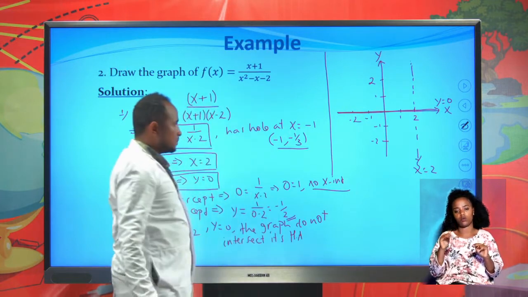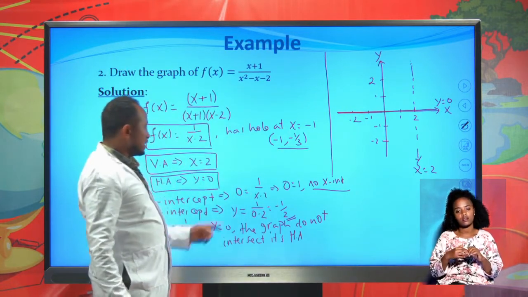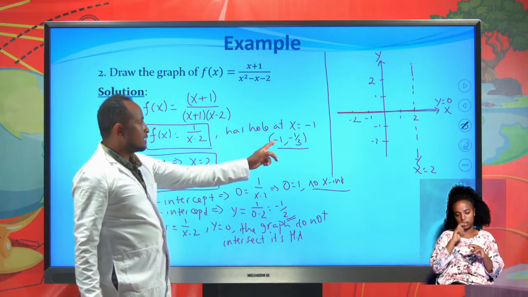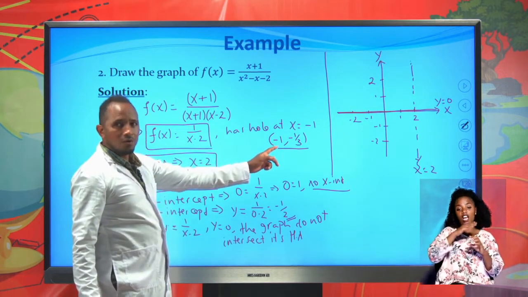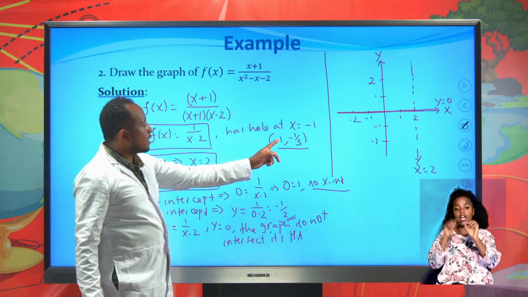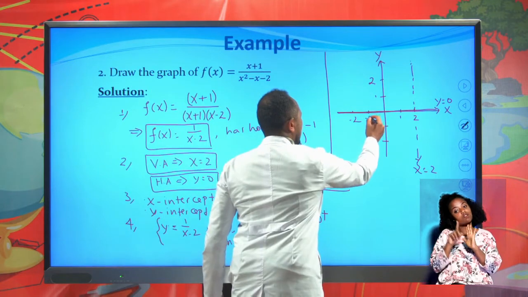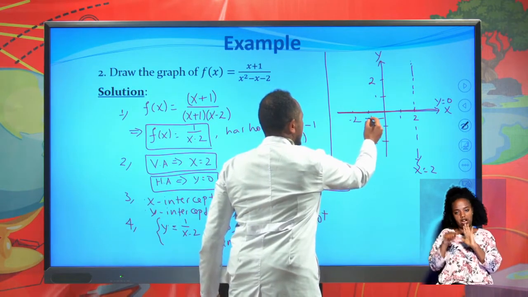So, next, let's put a point where the graph will have a hole. The graph has a hole at negative 1 comma negative 1 over 3. Negative 1 comma negative 1 over 3 is near here.